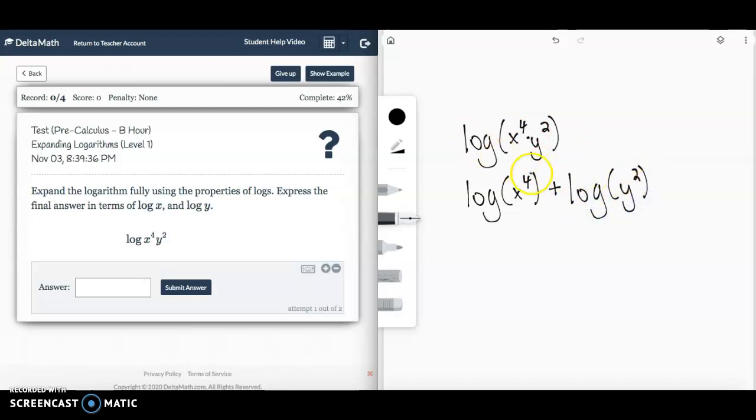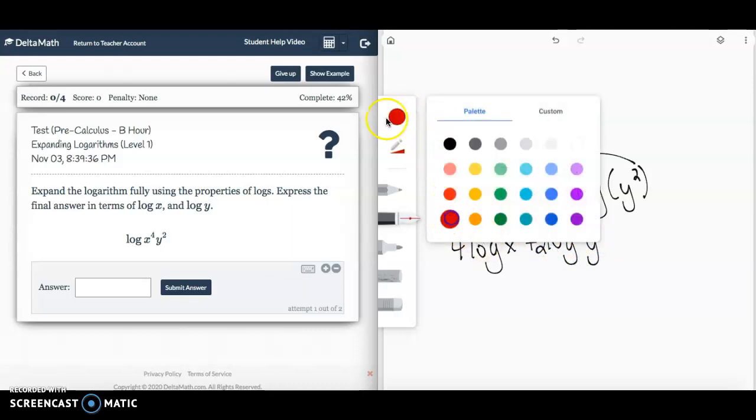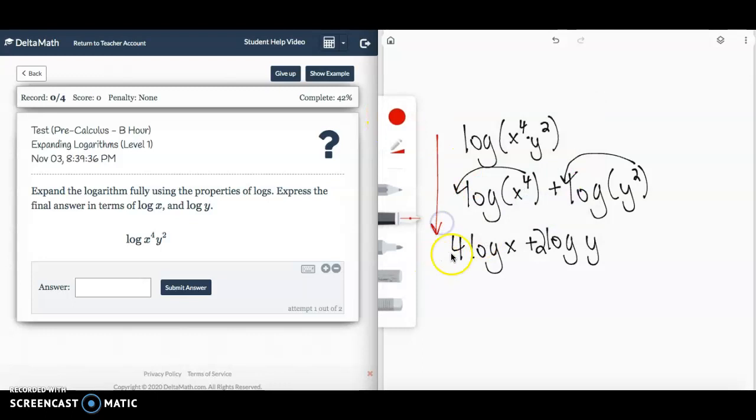All right, and then now I'm going to bring those exponents down to be constant multiples in the front. When you're expanding, I leave my exponent stuff until the end. When you're condensing, you would have to do it first, and I'll show you what I mean here. So if I'm going this way with the problem, my very last step is bringing out exponents.